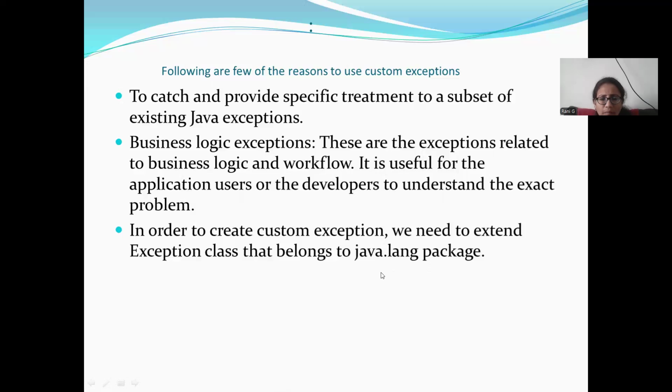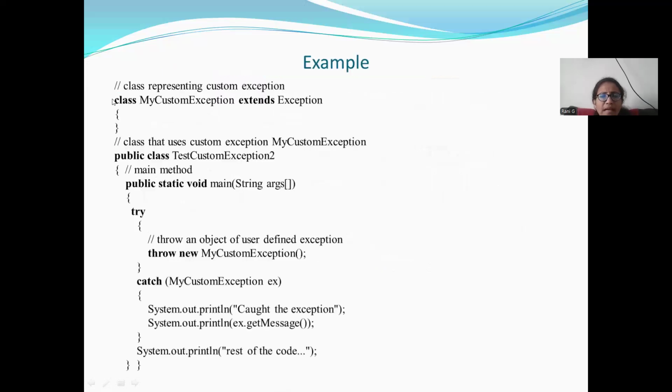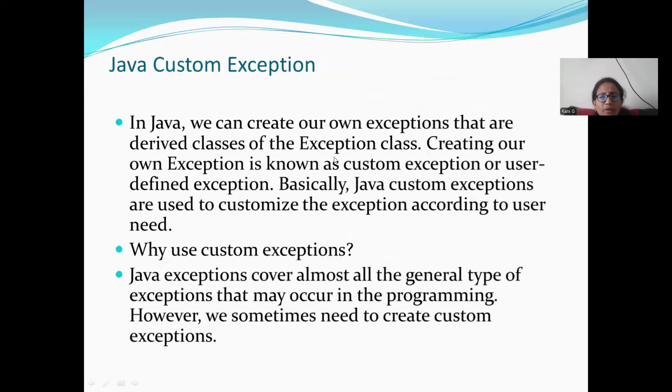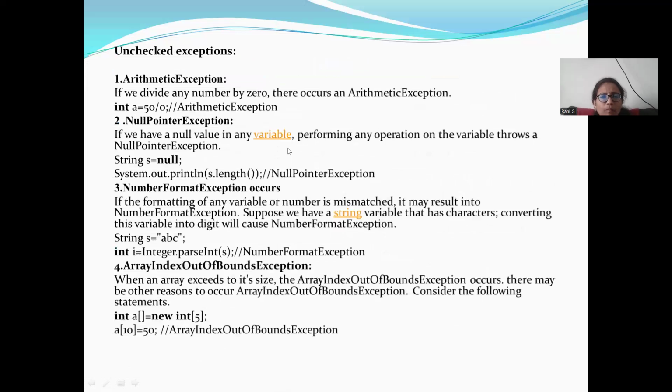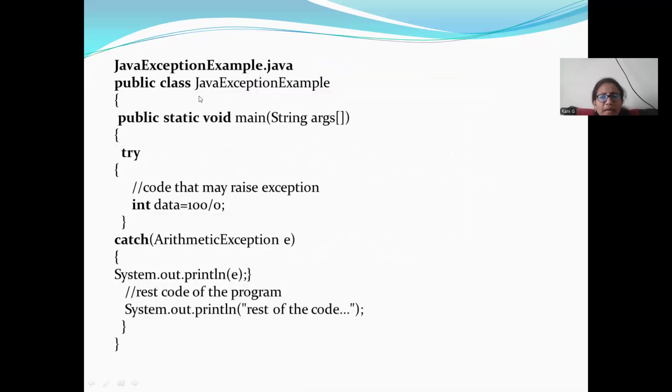So see this example. Class MyCustomException. This is my user-defined exception name. Whenever we create a user-defined exception, it should extend from the Exception class. Compulsorily, it should extend. In the previous example, we just wrote public class JavaException. We were not extending anything from the Exception class, just writing the name of the class.